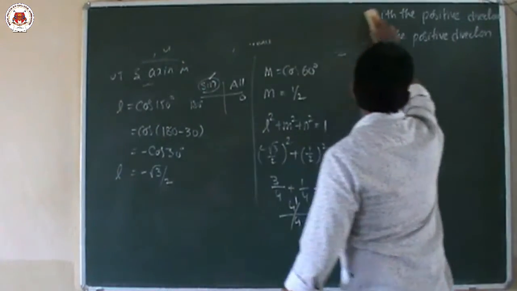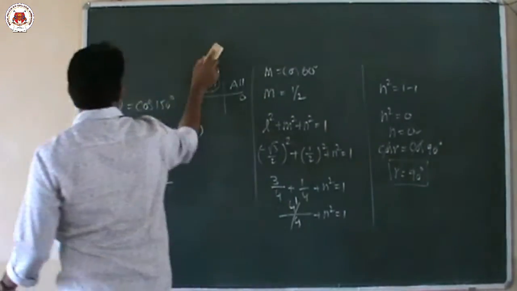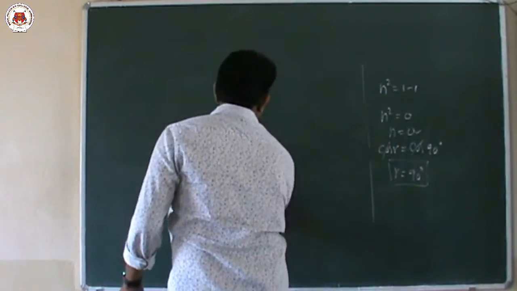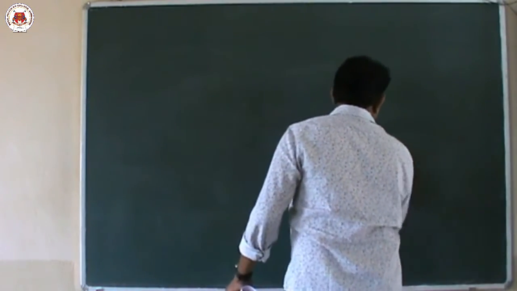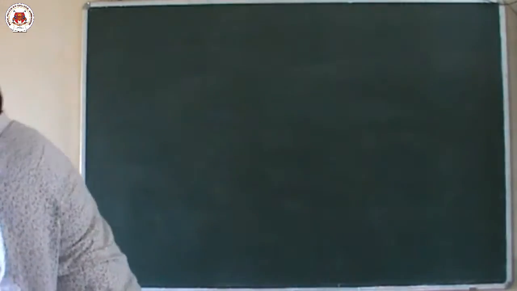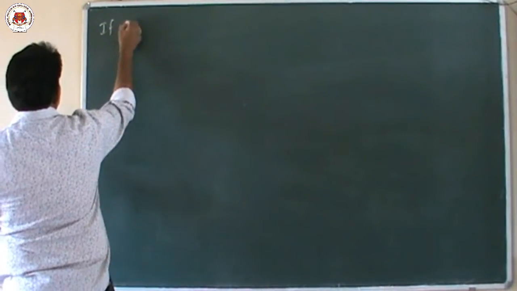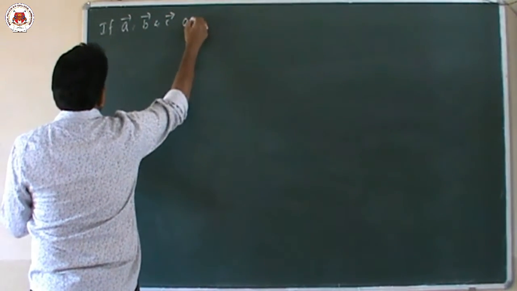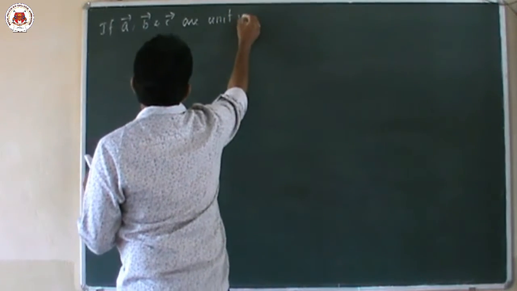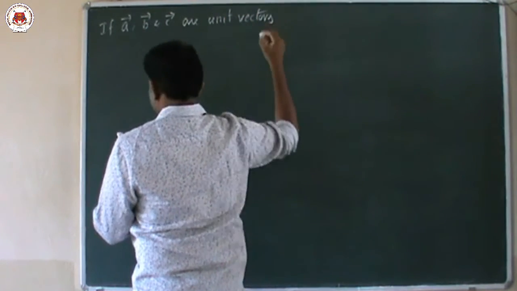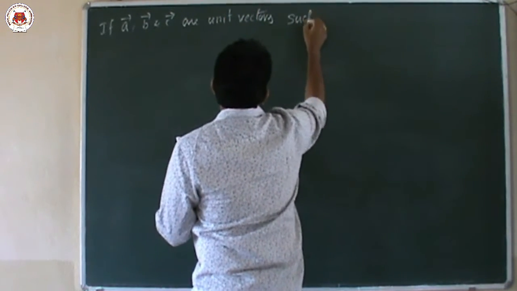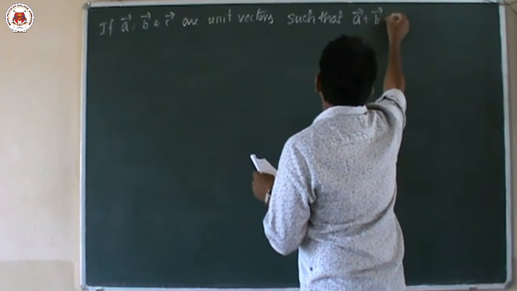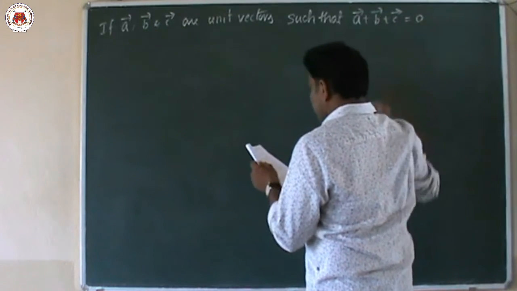The next one is, such that vector A plus vector B plus vector C is equal to 0 vector.